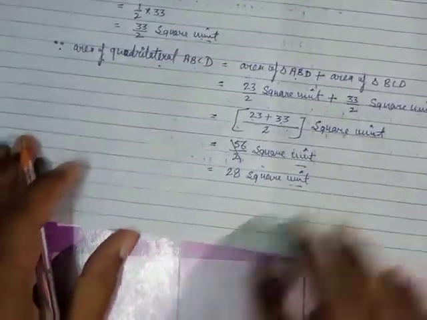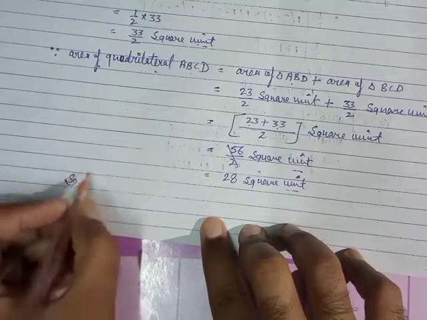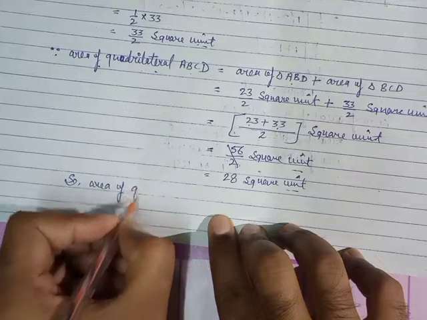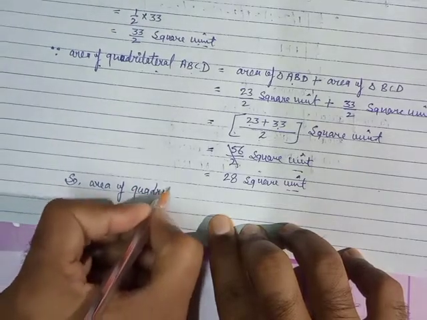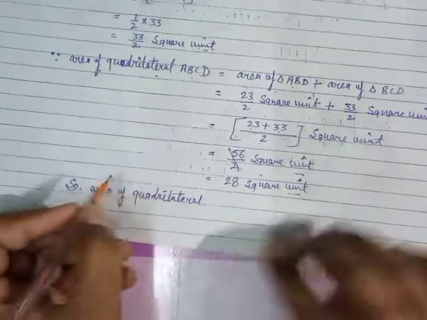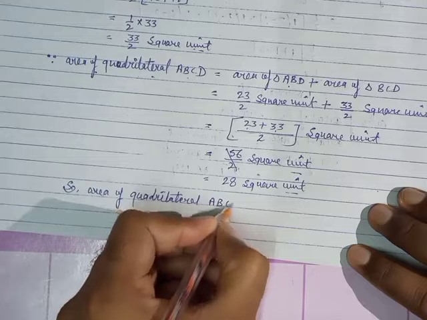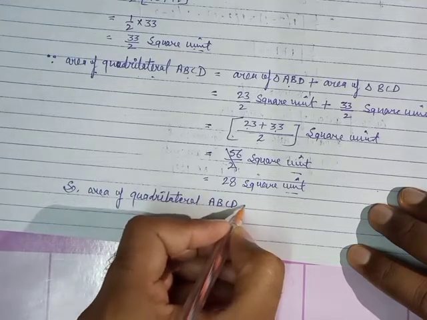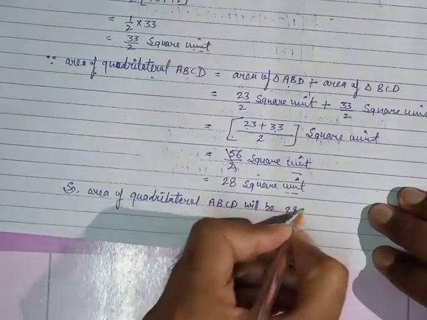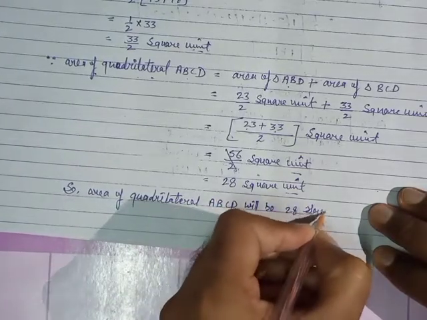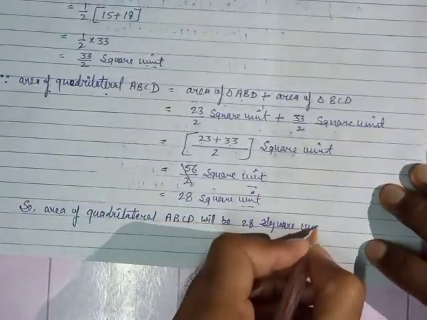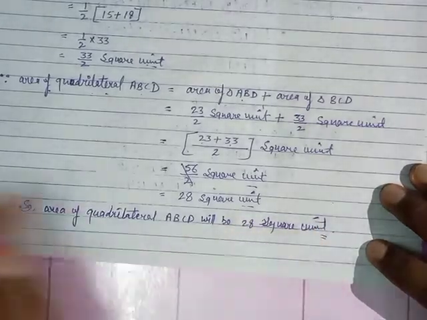So the area of quadrilateral ABCD will be 28 square unit. I hope you understood.